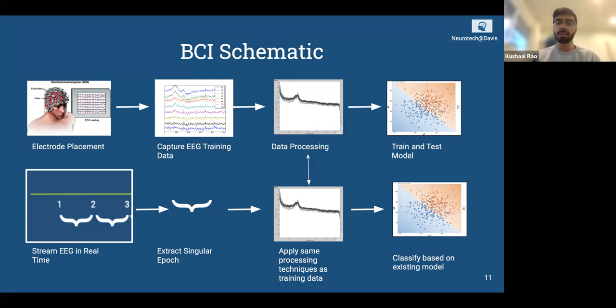It is not truly in real time in the sense that it is not giving you an update every millisecond or so, but with a refresh rate of maybe every 0.1 seconds or every 0.2 seconds, it is close enough to where it is responsive to your brain in real time. And as a user, you feel like you have complete control over the brain-computer interface and it is doing what you want it to do when you want it to do it. So this is a key component in establishing real-time continuity. And I hope that makes a lot of sense when you're putting all these pieces together.